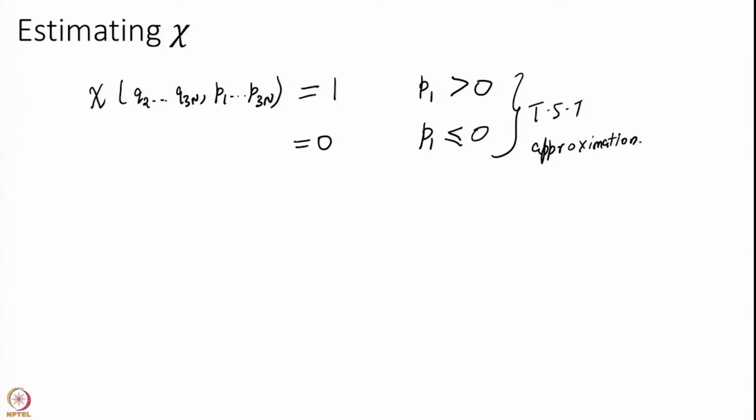That is, if P1 is positive, P1 again is the momentum along the reaction coordinate. So, this is my Q1, this is my dividing surface. If I have a momentum in the positive direction, then I am reactive, then I must have come from reactant in the past and I will end up in the product in the future, independent of whatever this Q2, Q3, Q3n is, or whatever this P2, P3, P3n is.